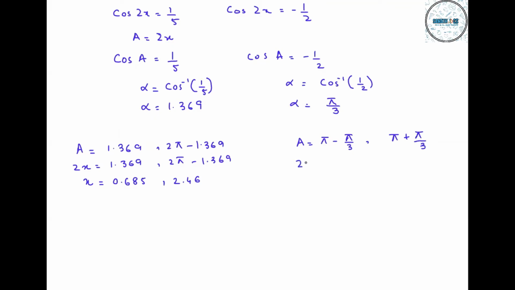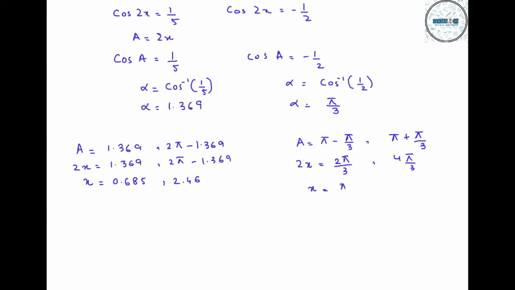So 2x is equal to pi minus pi upon 3 is 2 pi upon 3. Pi plus pi upon 3 is 4 pi upon 3. So x is equal to, we will divide 2 pi upon 3 by 2.